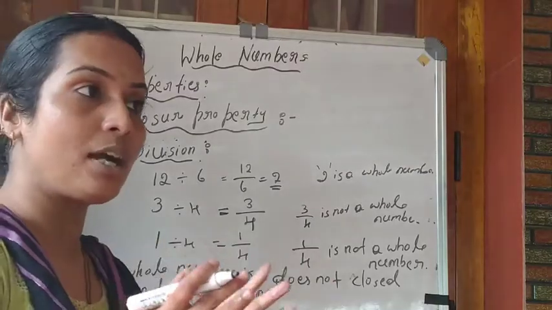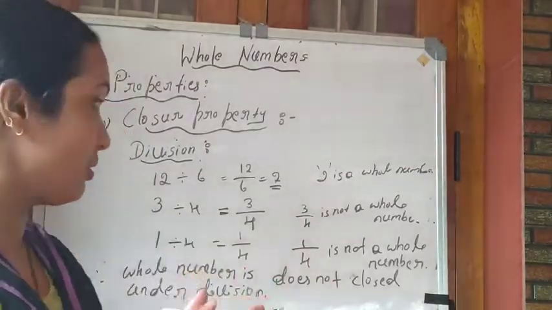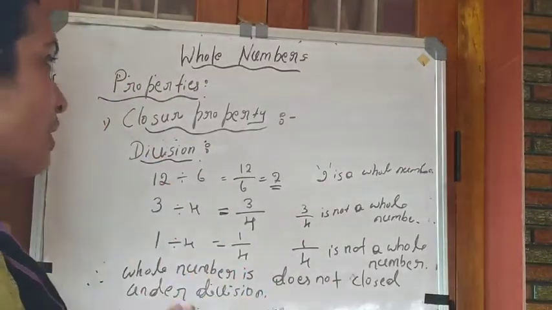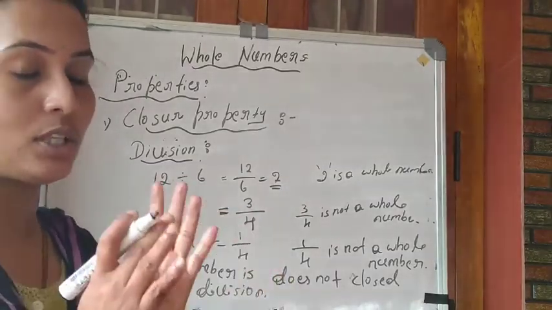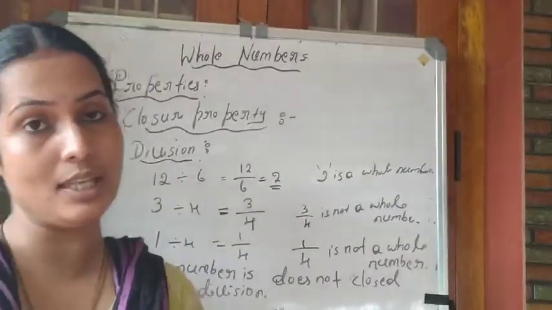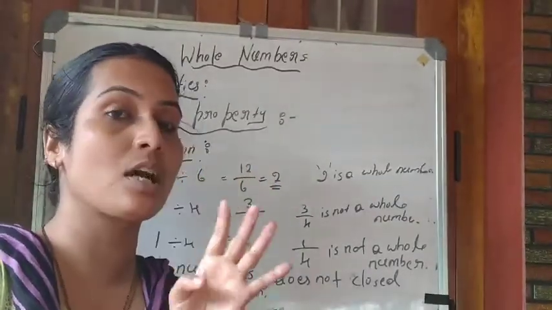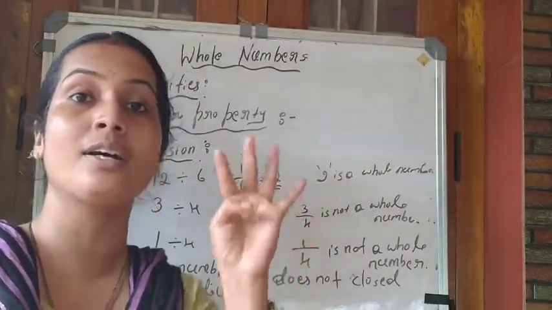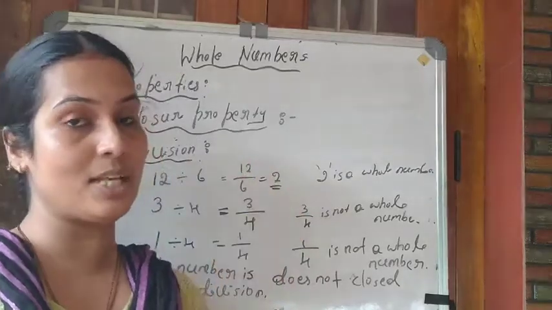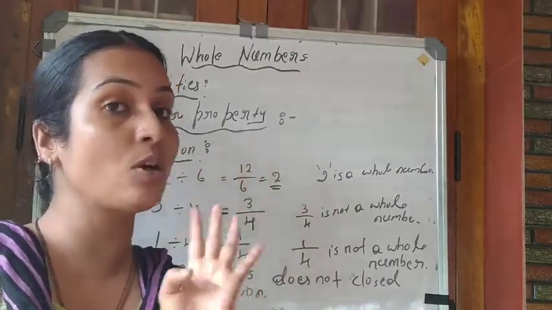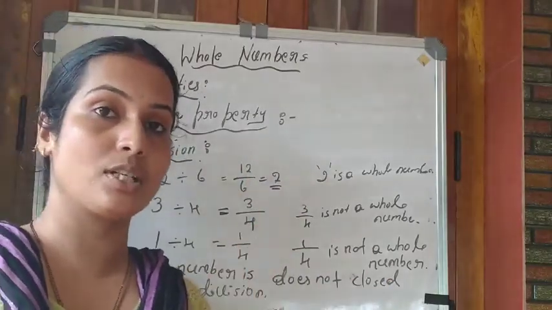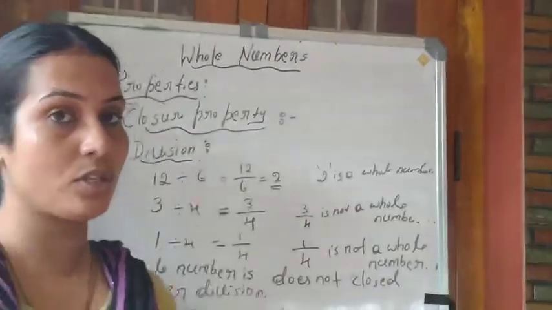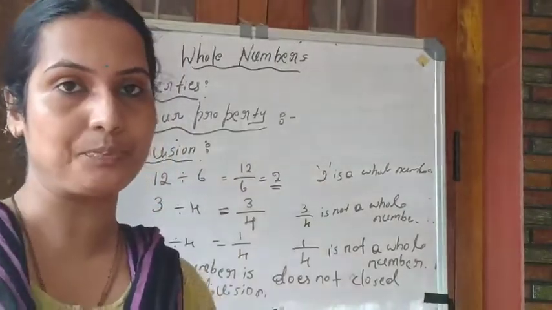So we can't conclude that this property is satisfied. The final conclusion is whole numbers are closed only under addition and multiplication, and it does not hold for subtraction and division. Okay, this is about the closure property.